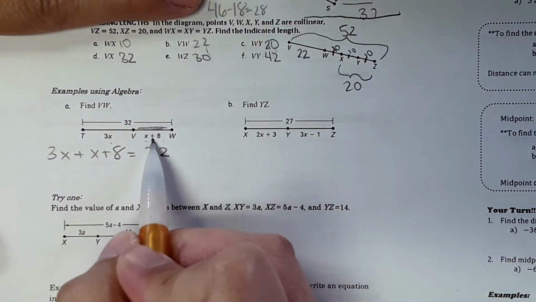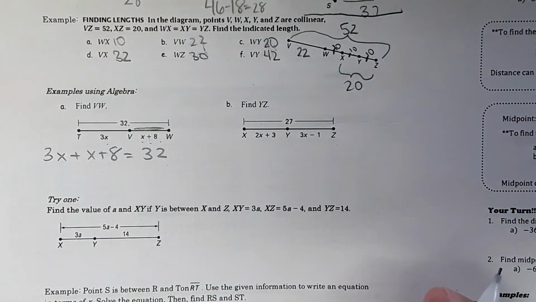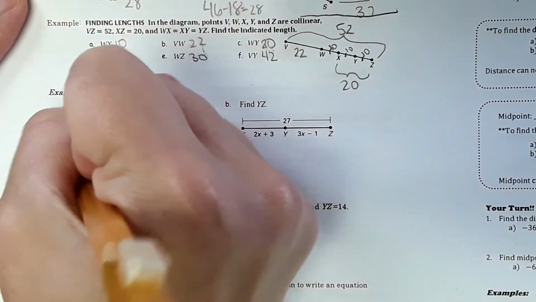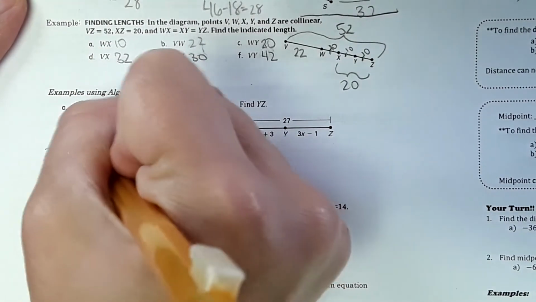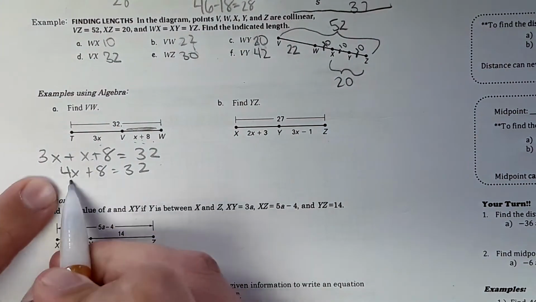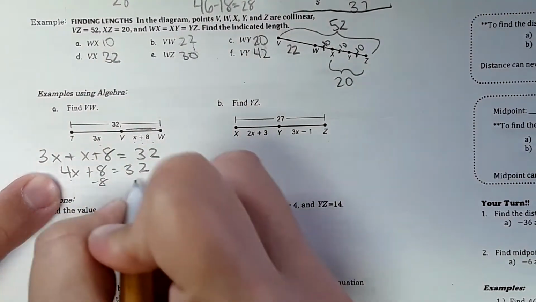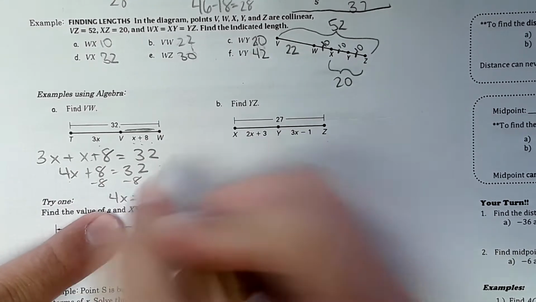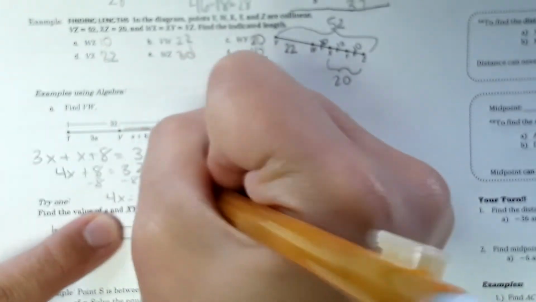I just added those together and put it equal to 32, and then I'll solve for x. So I combined my like terms, 3x plus x is 4x. Subtract 8 from both sides, I get 4x equals 24, and so x equals 6.